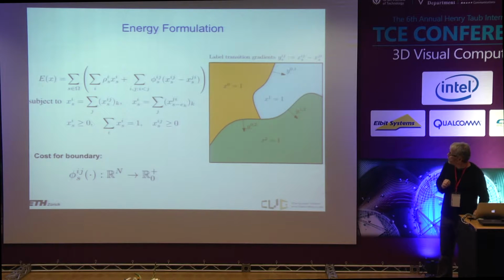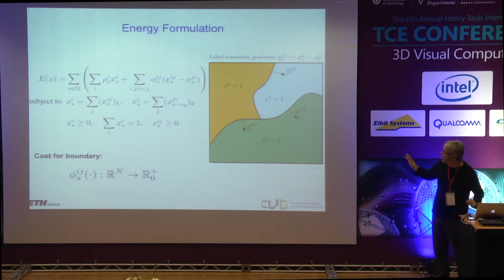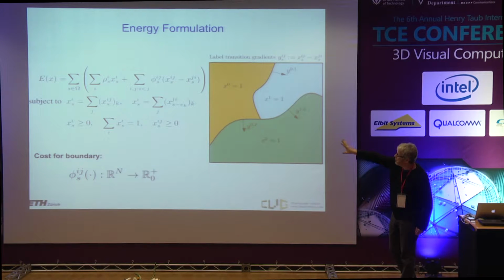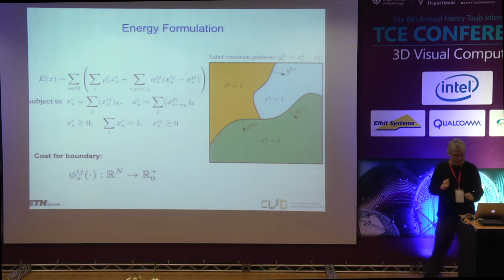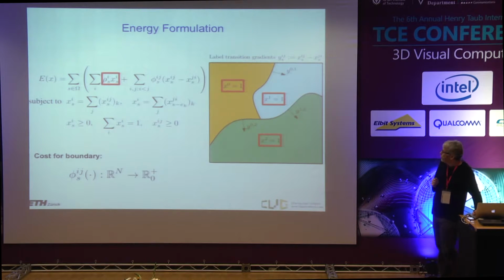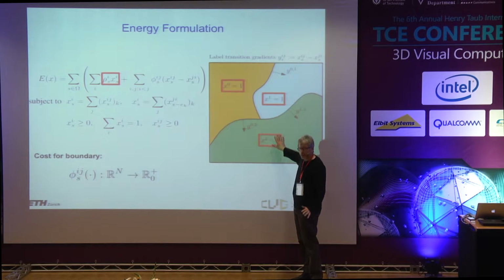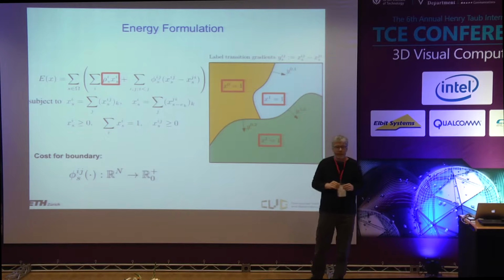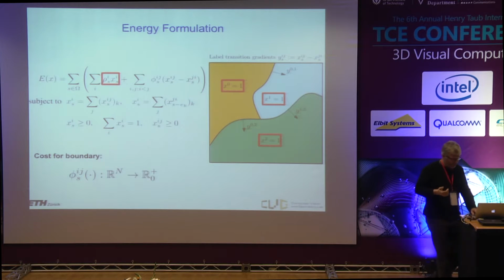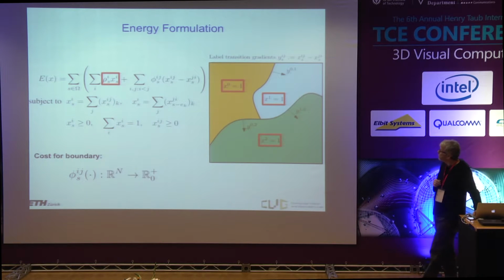So let me show you here the formulation. Again, you recognize this unary term, the data term, and then the pairwise term that expresses the regularization. The unary term essentially says whether we like to have this occupied by this class or not, everywhere in the volume. This is where we typically put our data, our observations.